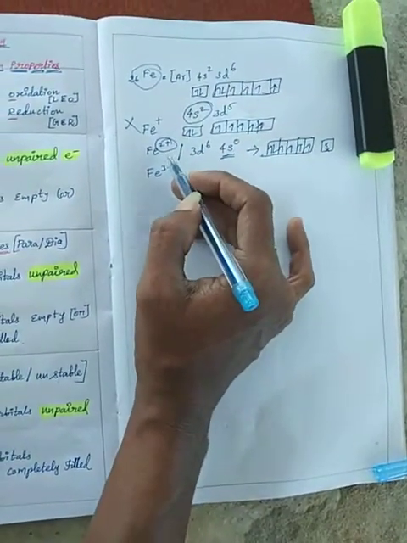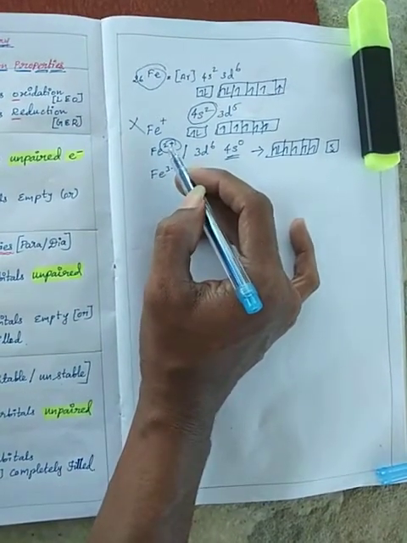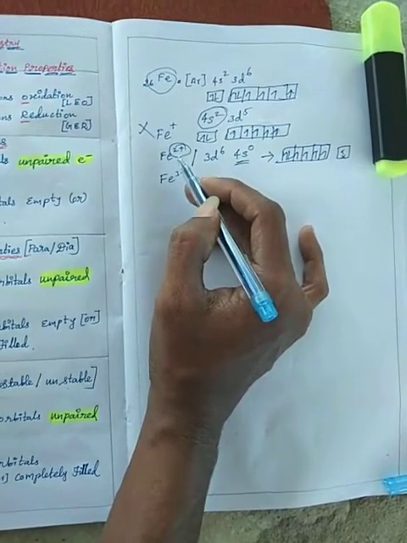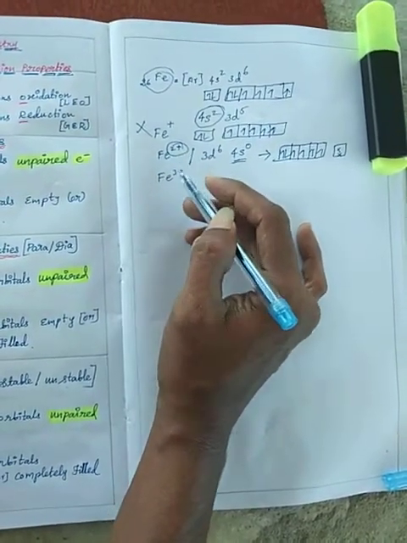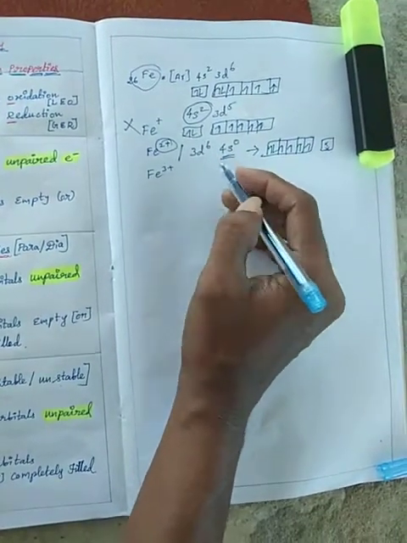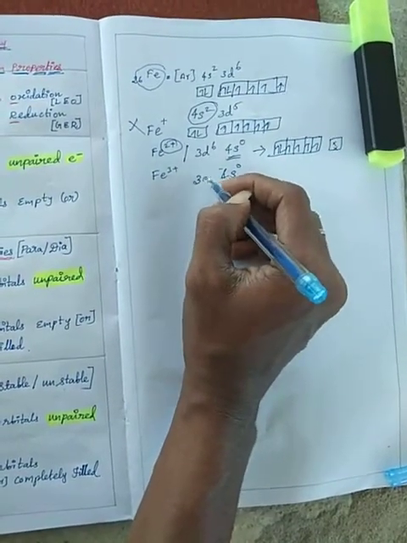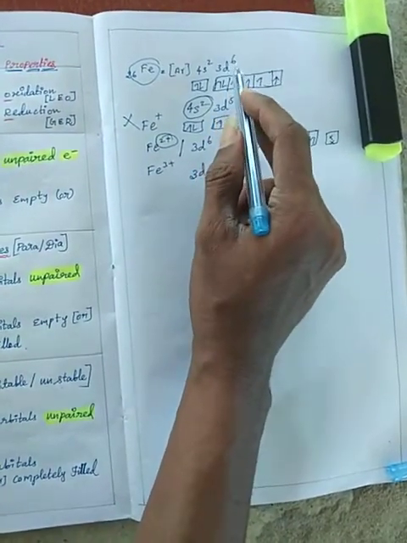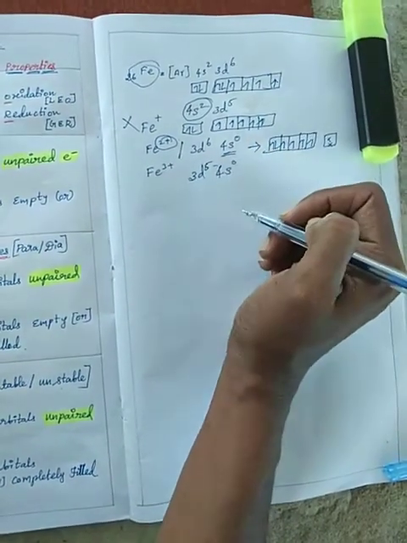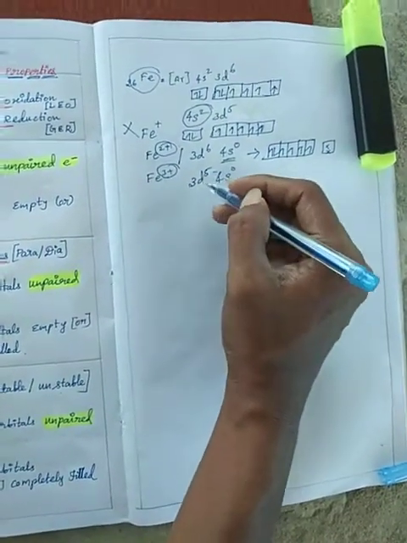So loss of 2 electrons means 2 plus. For loss of 3 electrons, first the 2 electrons from the lower energy 4s orbital go, so 4s is 0. In 3d there are 6 electrons, and another one is lost, so the balance is 5. So the original 4s2 3d6 loses 2 electrons, then another one, leaving 3d5.